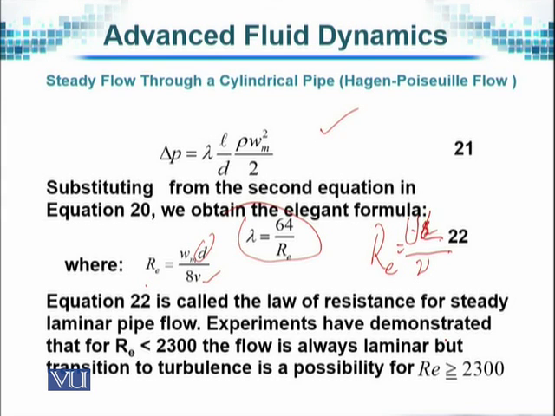If it is less than a maximum of 2300, it is considered to be a laminar flow. If it is larger than that number, it's considered to be a turbulent flow, that turbulence may occur in that situation. But here it is shown that the Reynolds number remains within this value. The velocity is not allowed to increase so much as to take the Reynolds number beyond 2300.